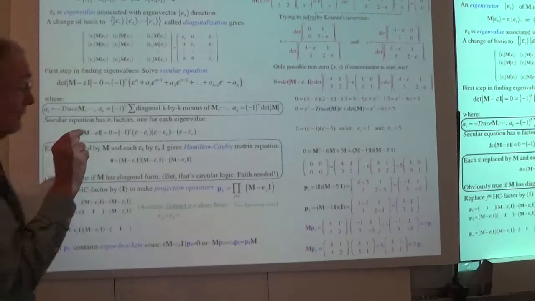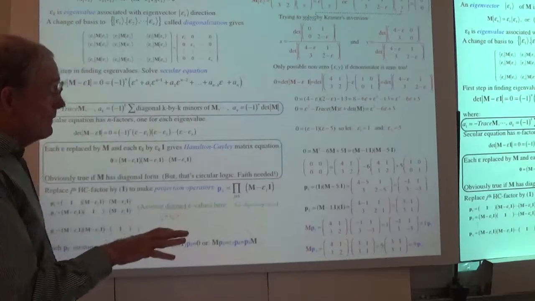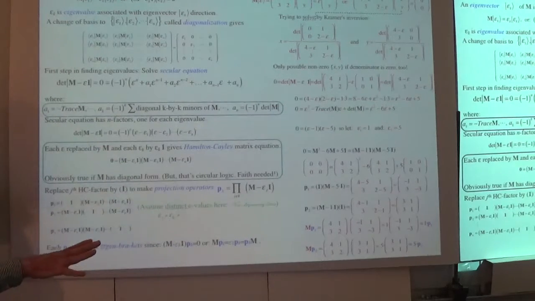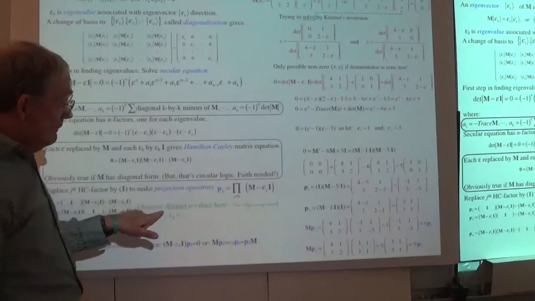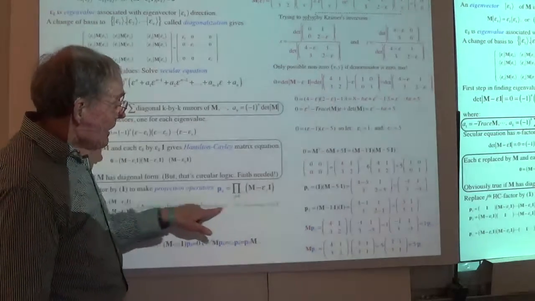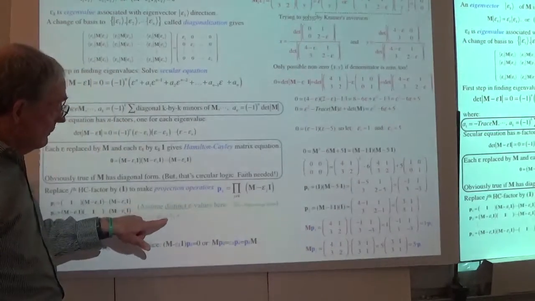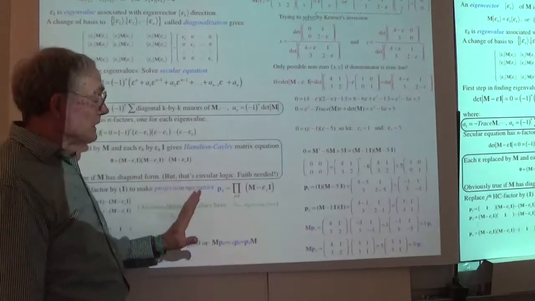Okay. But there is one caveat: the stuff that we're going to do today demands that all of the eigenvalues are different from each other. There is no pair of degenerate eigenvalues.